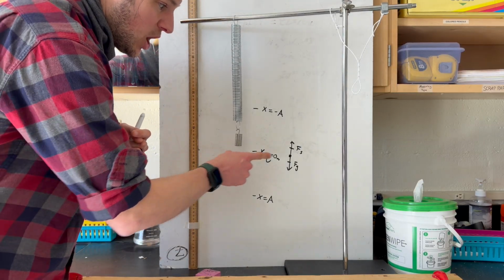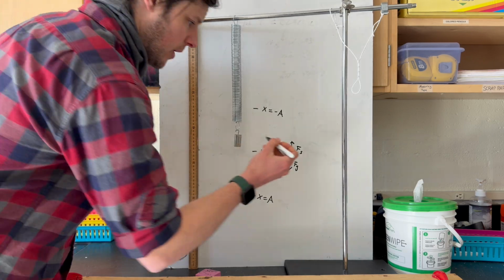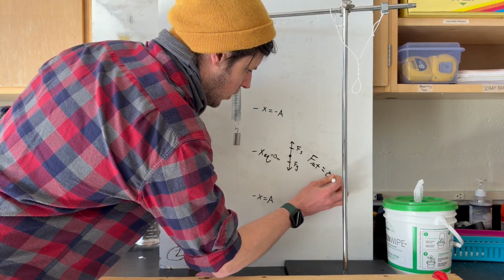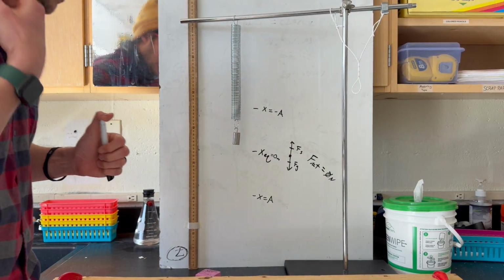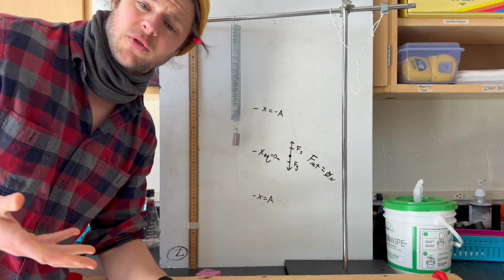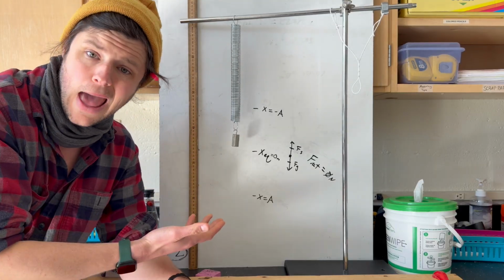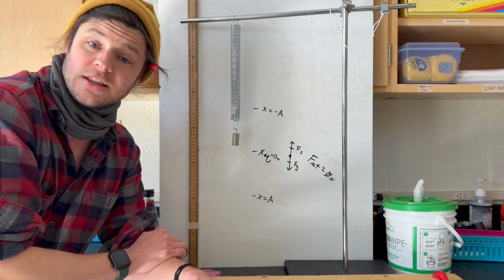And in this position, those two forces are equal to each other, right? So we have a net force of 0 newtons. And that's why this is our equilibrium position. Unless we acted on this with a net external force, nothing's going to happen with the weight at this position.